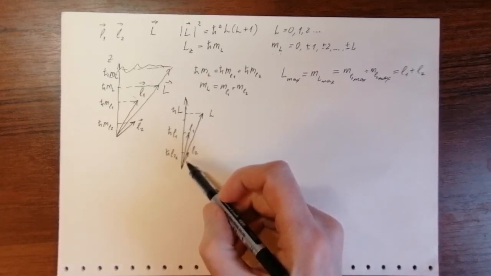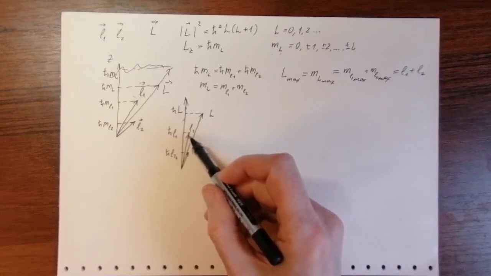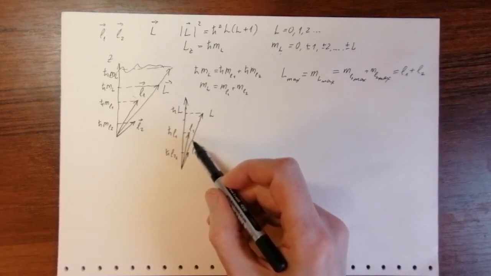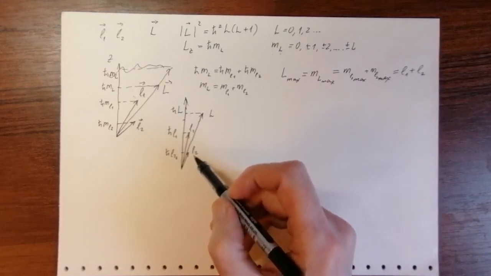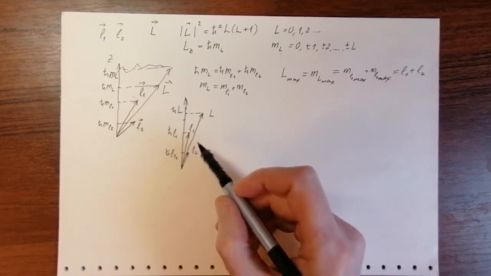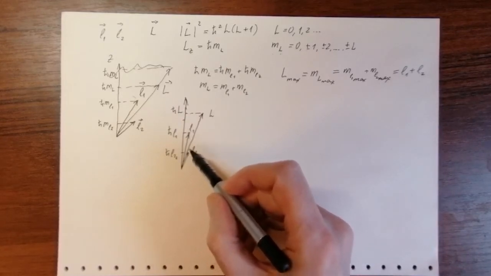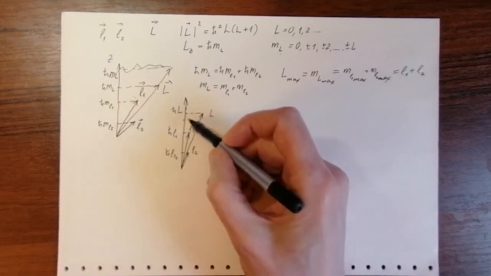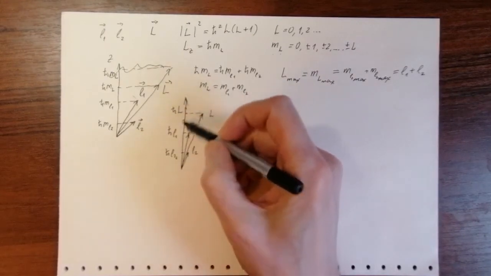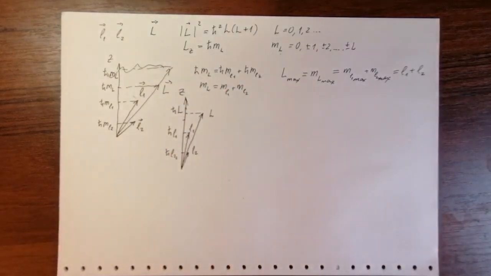Here you see that L and its projection cannot coincide in any case, because there is always some difference between L and its projection. L can never be along the Z axis.